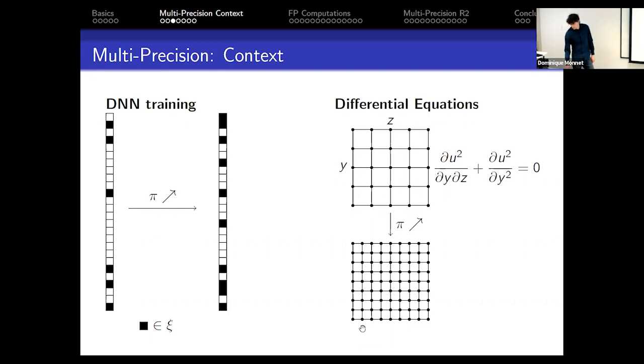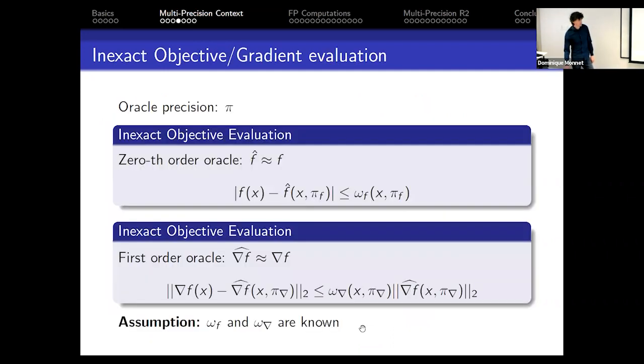And the whole thing is to know what precision you should use in your algorithm to evaluate both your objective and your gradients. Okay, so if we put that in a mathematical context, what we're going to have is an approximation of my real objective function. And I'm going to suppose that the difference between my real objective and the approximation of my objective is bounded in absolute value by some omega. Omega is given by the precision level that I acquired on the evaluation of my objective function.